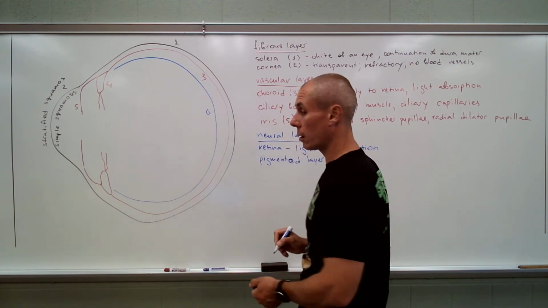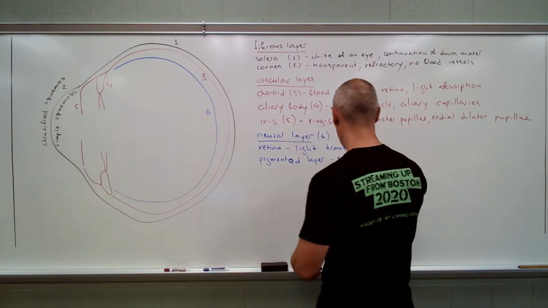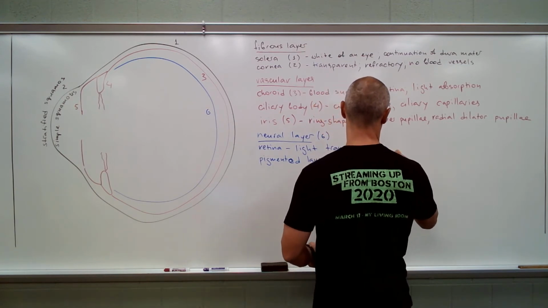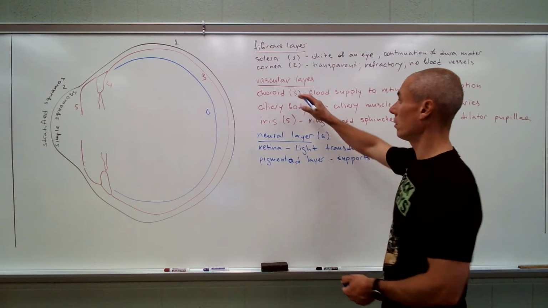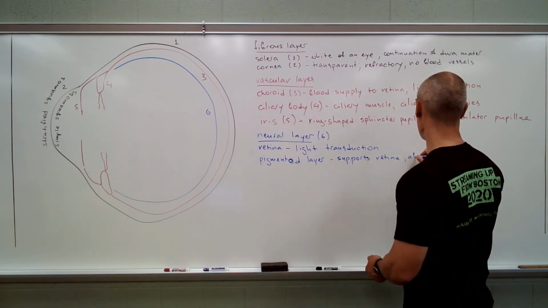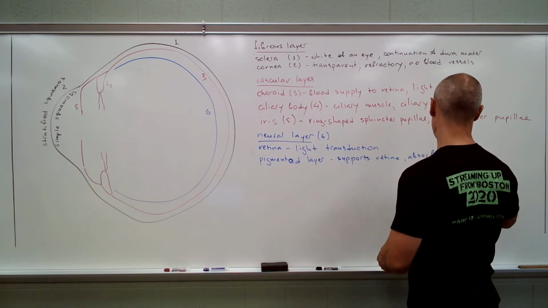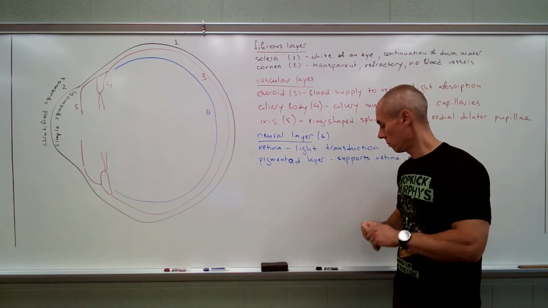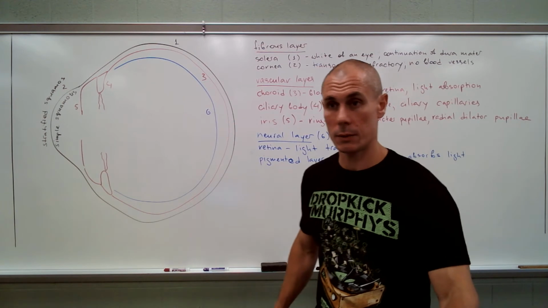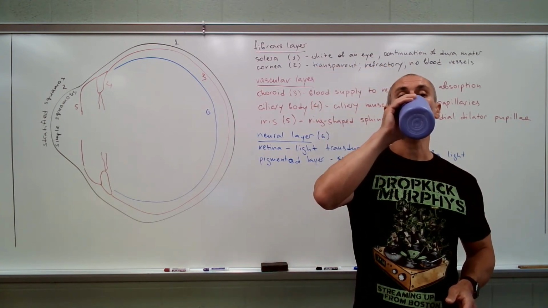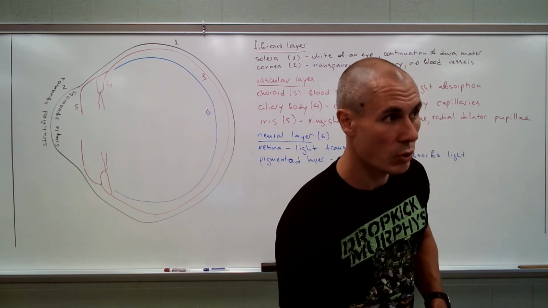Now, a pigmented layer supports retina, and along with the choroid, absorbs light. So it's pigmented. So far, any questions? Yeah, I think it's pretty straightforward.